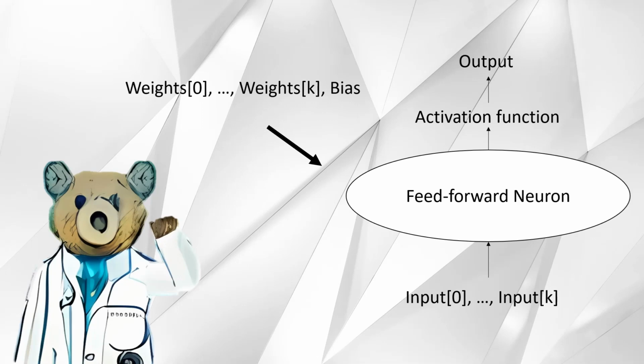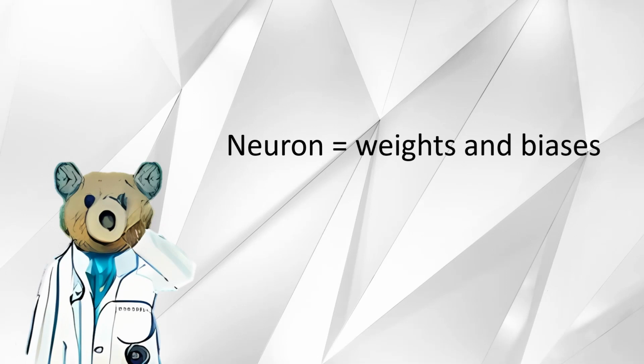Activation functions are very important in neural networks as they allow neural networks to learn nonlinear functions. Put simply, neurons are composed of weights and biases, which are numbers used to do inference and to compute an output from an input vector.